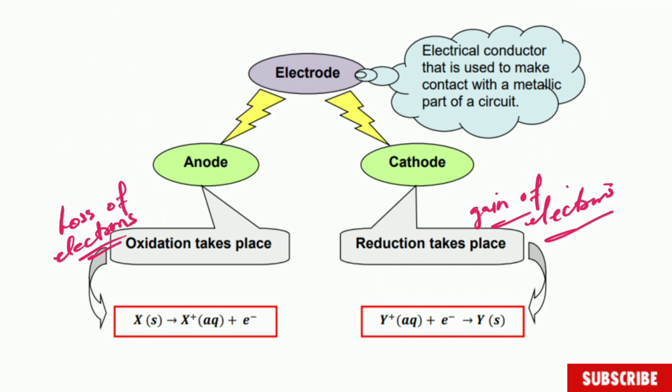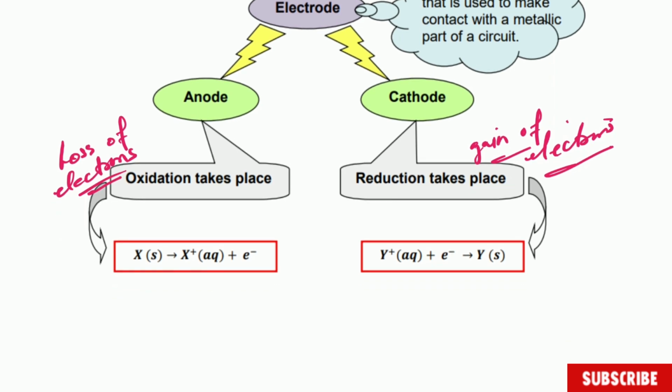Now at the bottom you can see a half reaction. This is how we generally represent the half reaction of oxidation, in which the metal, or the anode, is on the left-hand side as a solid. It doesn't necessarily have to be solid or metal, but we're going to speak about that later on. For instance, this one could be sodium. When sodium becomes oxidized, it becomes Na plus, plus 1 electron.